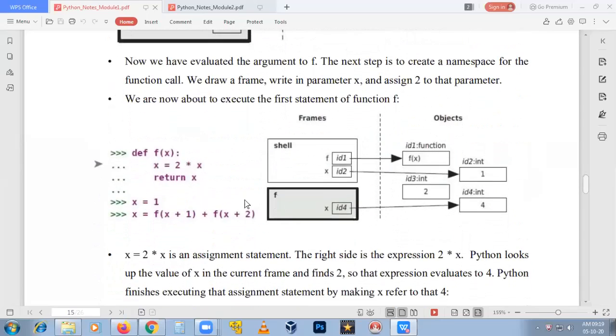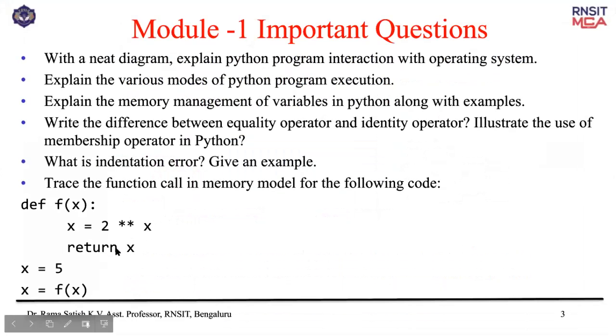I have explained f of x plus 1 and f of x plus 2 two times, but in one of the examination question papers, they asked only a function call f of x. So it is a simplified version of your execution. It has been asked in many of the question papers.